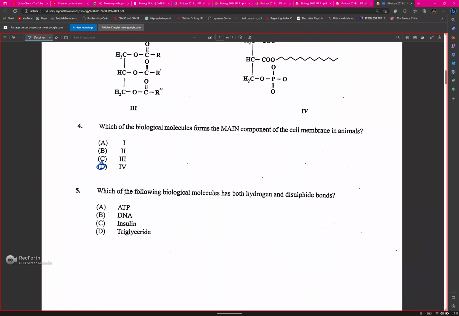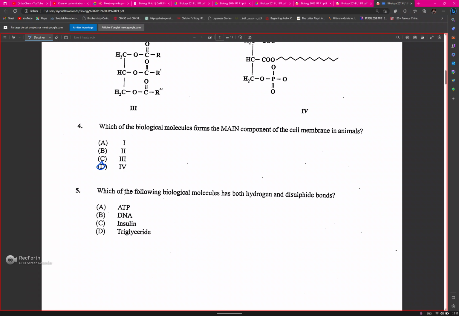What's ATP? Could somebody tell me what that is? Adenosine triphosphate. So adenosine triphosphate specifically will have covalent bonds, whether it is hydrogen bonds or disulfide bonds, right? It may be a bit tricky for persons who haven't looked at the in-depth molecule.